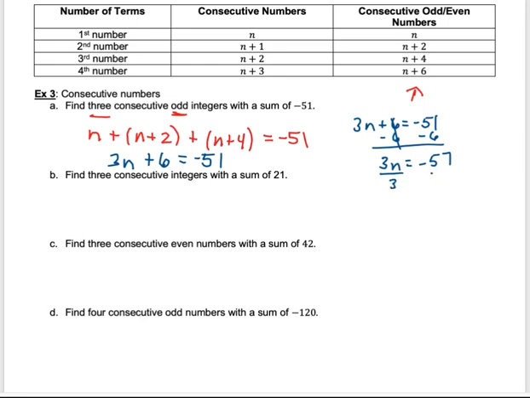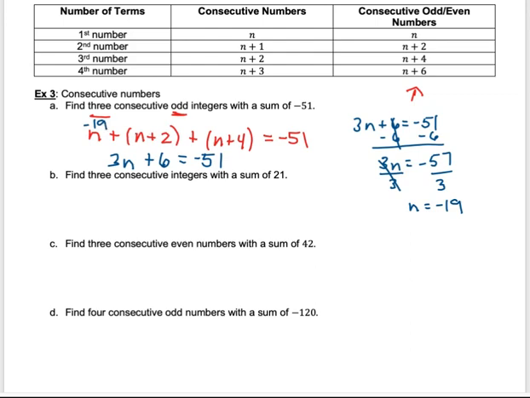Divide by 3, and I get n equals negative 19. Now it says find the 3 consecutive odd integers. Well, I found the starting one. In order to get my next two, negative 19 is n.